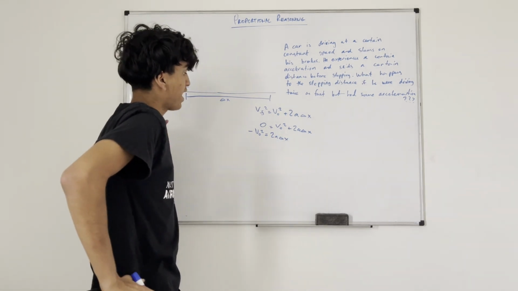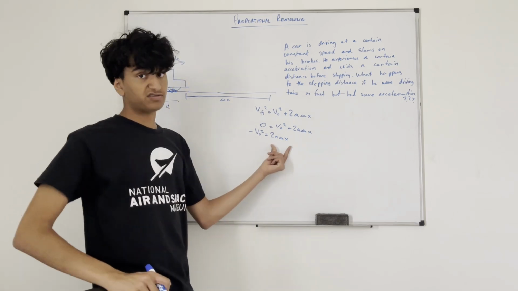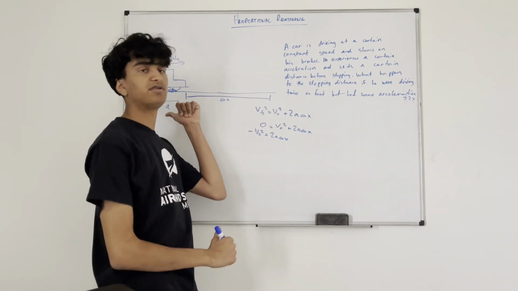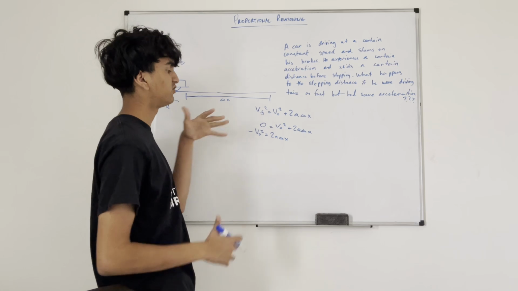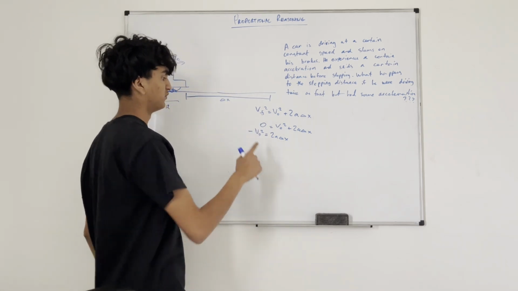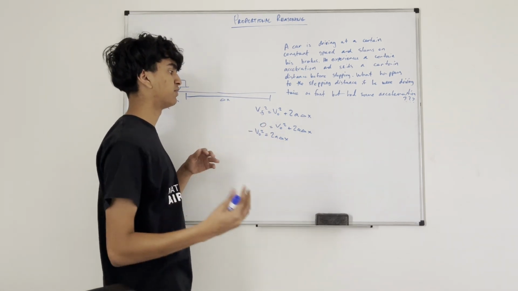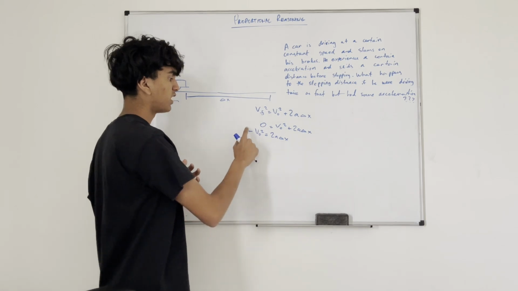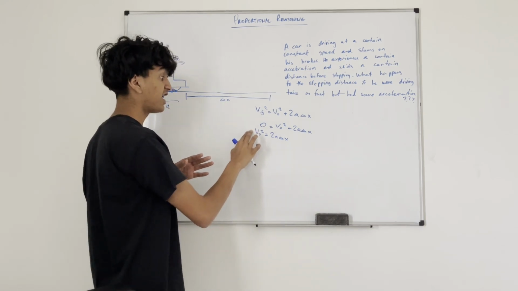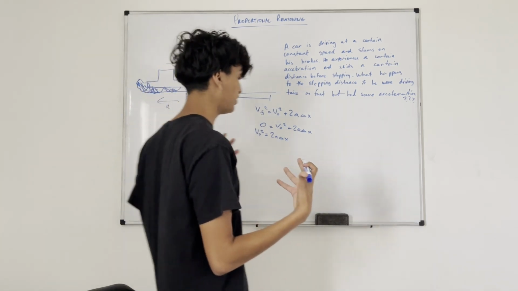What would actually end up happening is your acceleration is going to be negative because it's going the opposite direction, and your velocity is positive, so it's just positive. So if you were to plug in the numbers, the negative would cancel out. I'm just going to get rid of the negative because it's not going to make much of a difference whether you leave it in or not.